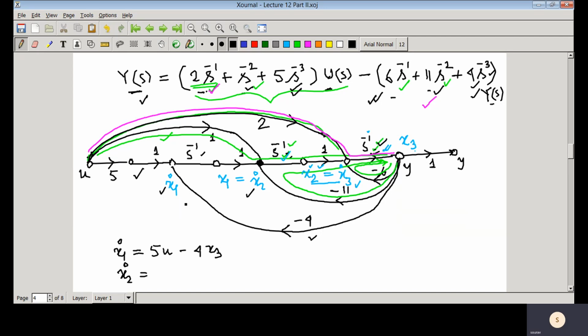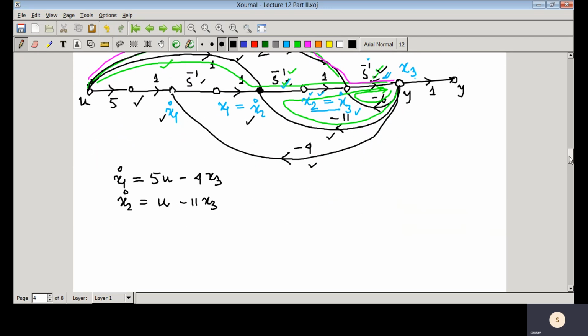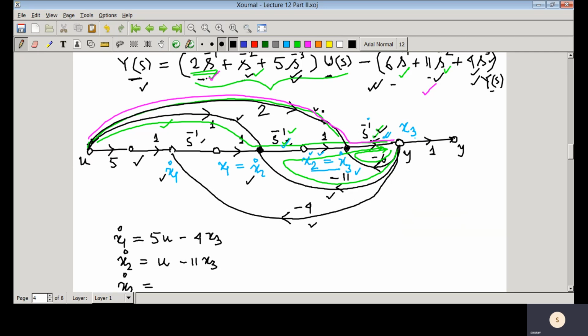So x2 dot equal to, here there is one branch, that is u minus 11 x3, and we have x3 dot, that means at this particular branch x3 dot equal to, here we have one branch, that is 2 into u.